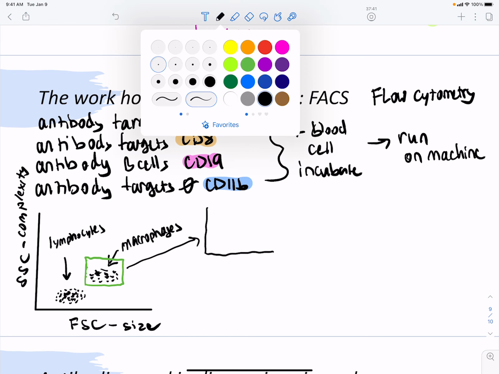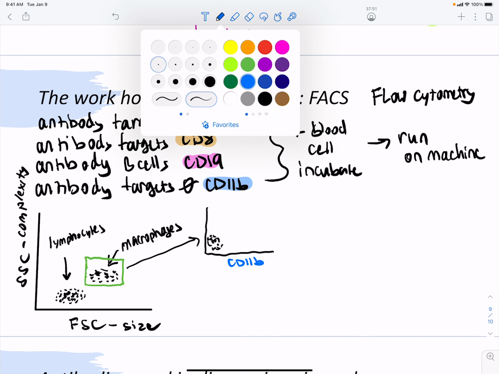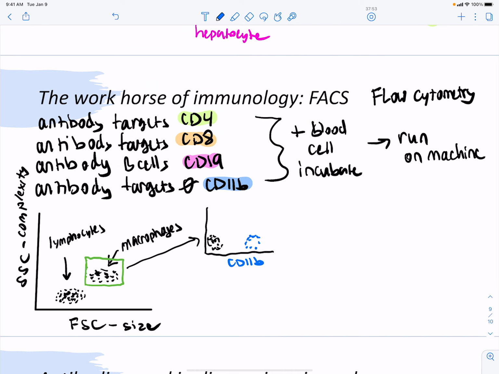It's that blue CD11B. And so what we'll see is a population that is negative for CD11B, and then our macrophage population that is positive for CD11B. So these are CD11B positive cells, and over here, these are CD11B negative cells.